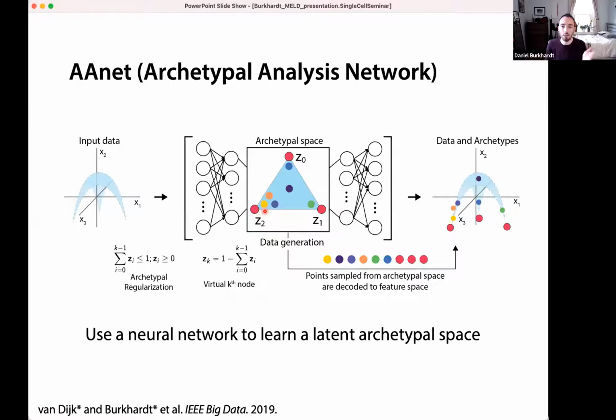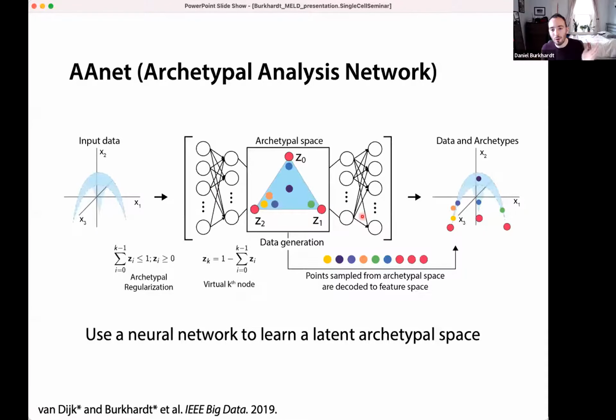We want to be able to interpolate between points reasonably. We want to make sure that each point is representable as a convex combination of each of these archetypes. But we also want to be able to say there might be some nonlinearity in the relationship between the feature space and the latent space.